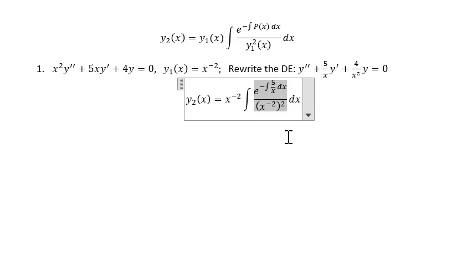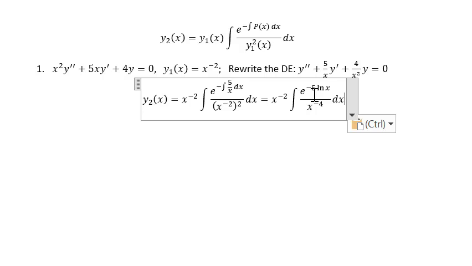So working within the integral, we can work this out first. We have e to the, well, the negative 5 can come out, so that's just the 1 over x, and then the integral of 1 over x is ln x. And then we have this property again where the 5 can become a power of x.